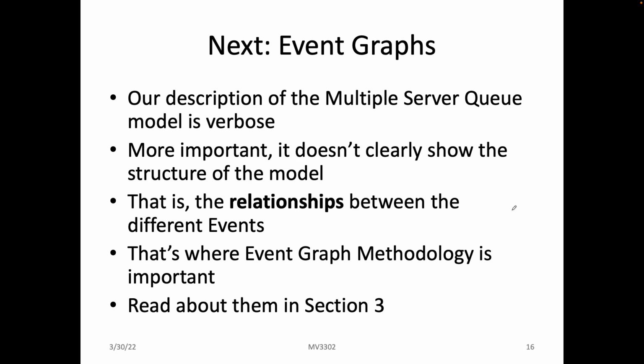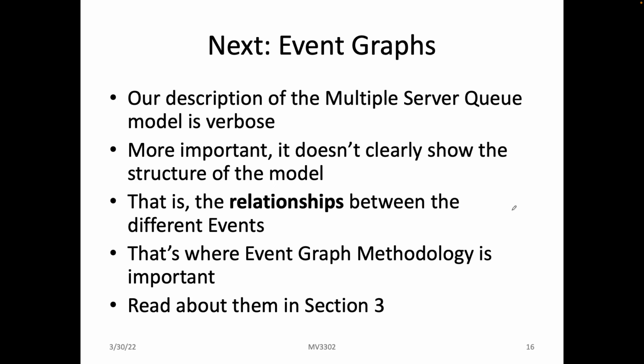Okay, so what we're going to do next is look at what we've done so far and see how it can be improved. First, our description of the multiple server queue model had a lot of words in it, and those words didn't depict what was going on with these events.